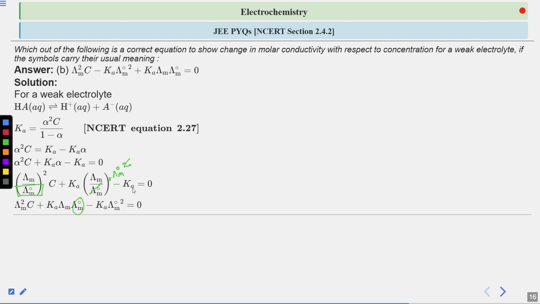Then minus Ka multiplied by lambda m naught whole square. So the final equation you get is this, and this is the correct answer, which is our option B, right?